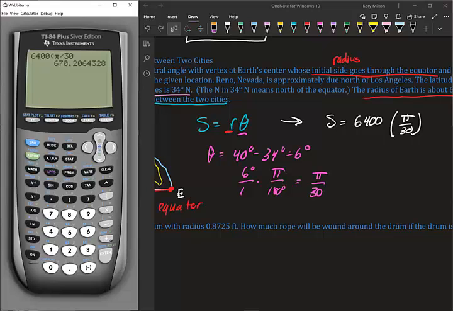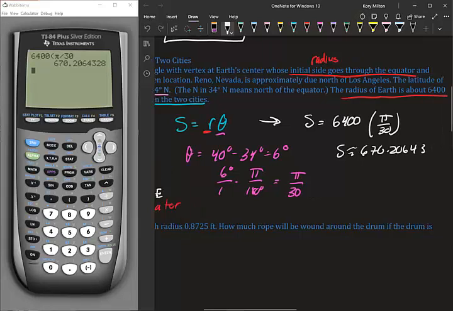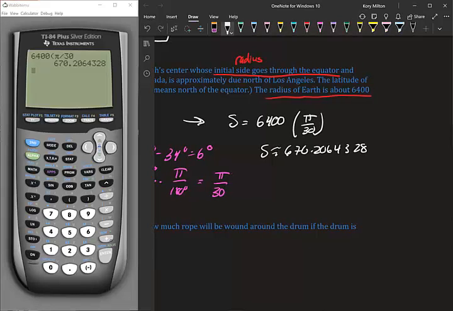And we get S is approximately 670.20642328. And kilometers, because we're talking about kilometers here.